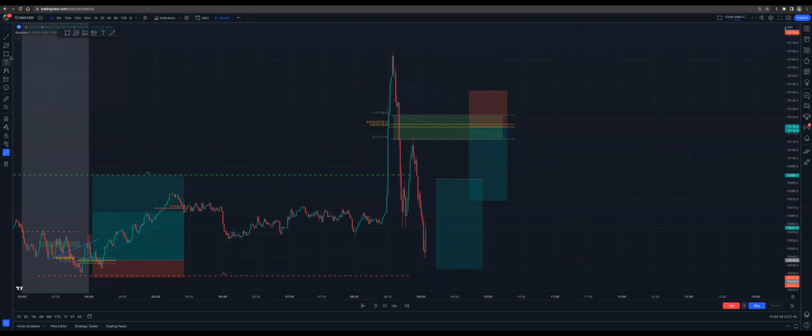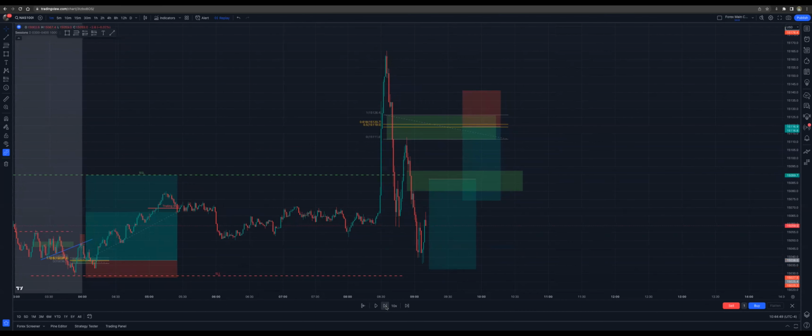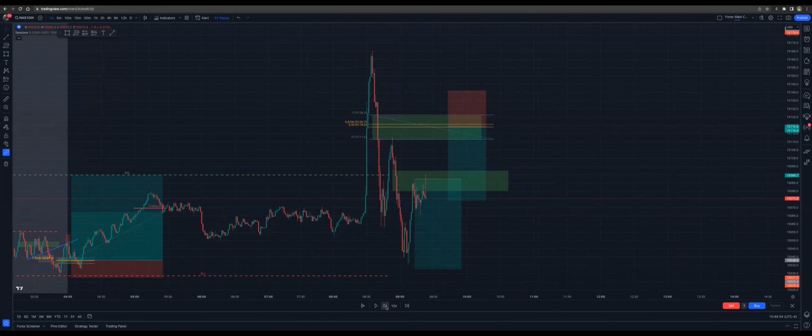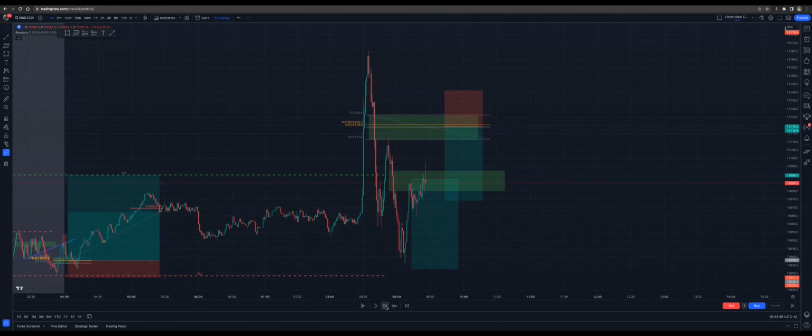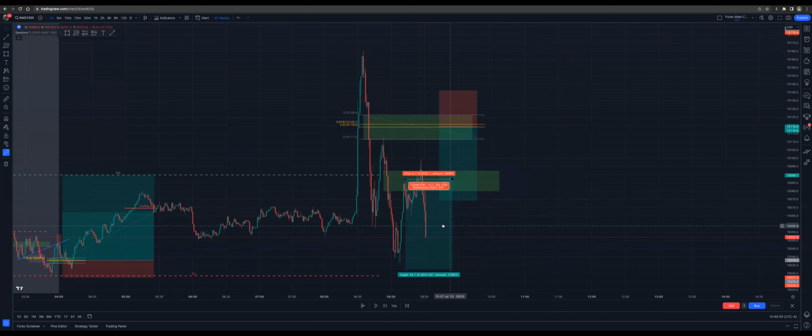So the highest fair value gap that I seen over here was right there. And I was looking to take a trade in this area. So as that pulled back in, I was able to get entered. And as it fell going lower, I was able to move my stop loss.